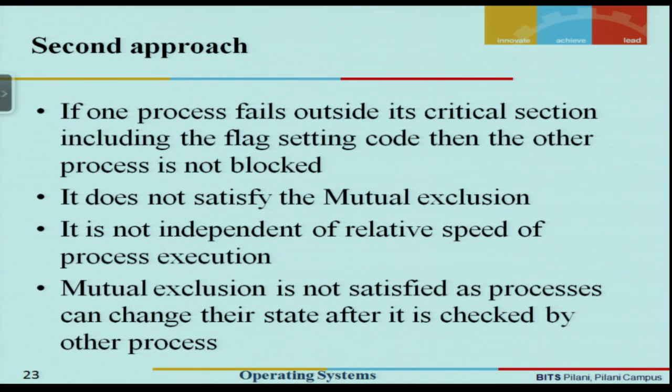Primarily the reason is that once a process observes the state of another process, after that the state can change. That is the problem. If somehow we can ensure that once one process has seen the state of the other process, the state cannot be changed, then the problem can be solved. The major problem is that the second approach is a failure because of this reason.